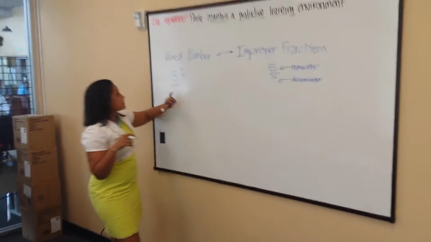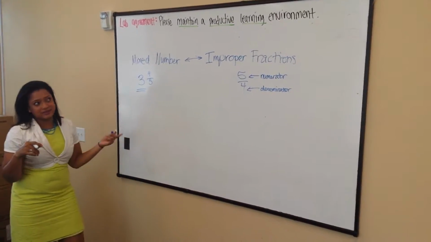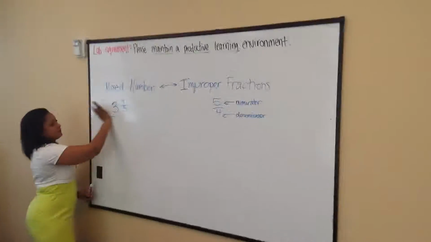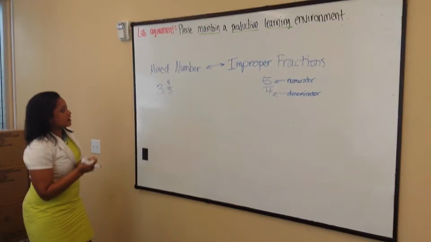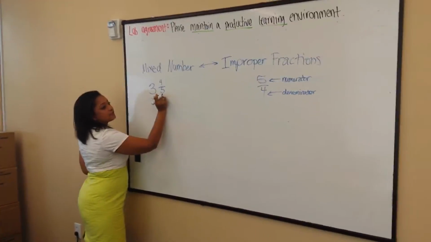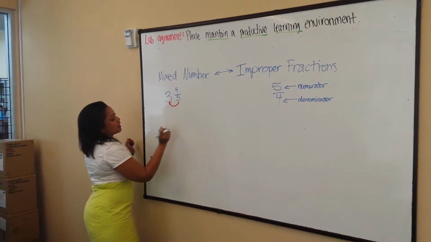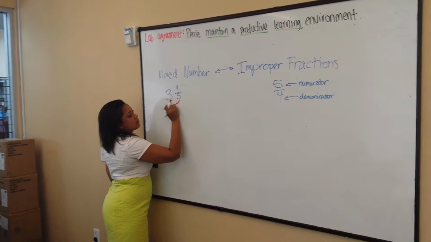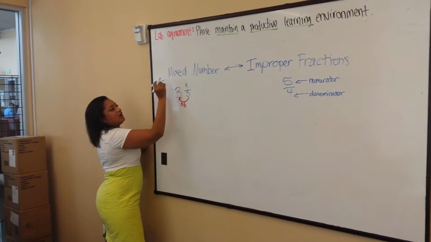Okay, so let's change a mixed number into an improper fraction. It's the easiest thing to do, so we're going to start there. It's a quick process. The first thing we're going to do is go from our denominator to our whole number, and we're going to multiply these numbers. 3 times 5 is equal to? 15.